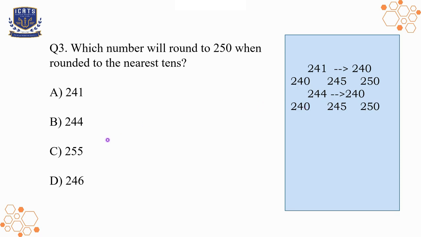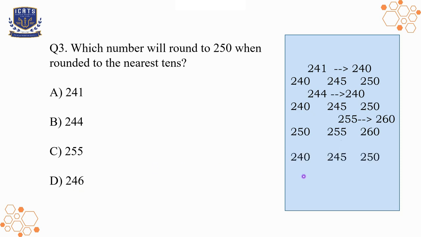Now, options A and B are incorrect, so we will move towards option C, that is 255. It lies between 250 and 260, and the half is 255. As 255 is exactly the half of the given numbers, we will round this number towards the bigger side, which is 260. So option C is still not correct. Option D is 246.